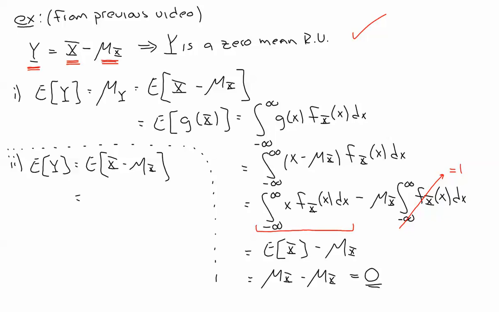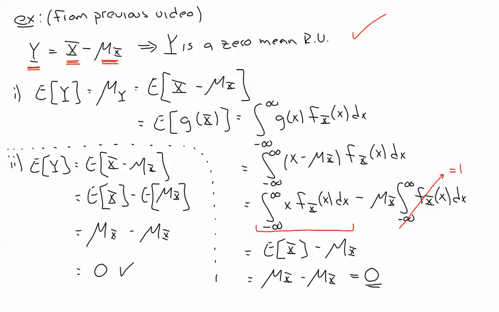And applying the properties of expectation, this is the expected value of x minus the expected value of mu x. Expected value of x is just mu x, its mean value. The expected value of a constant is always a constant. And once again, we get 0, just like we expected.